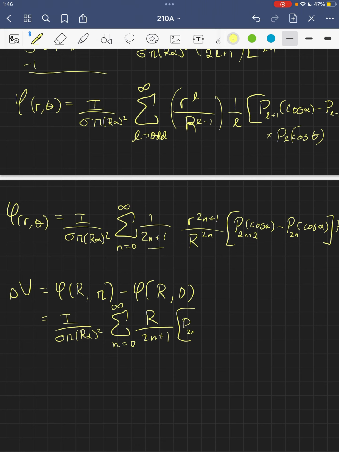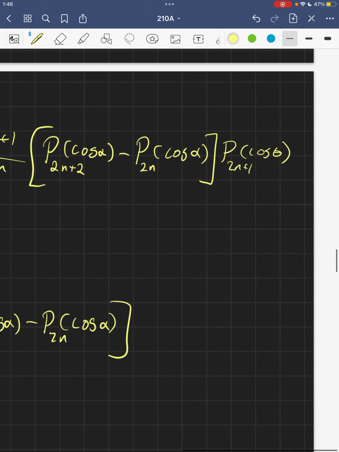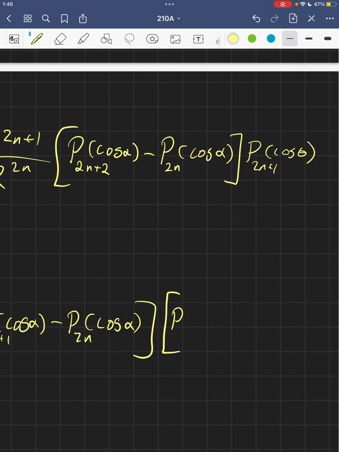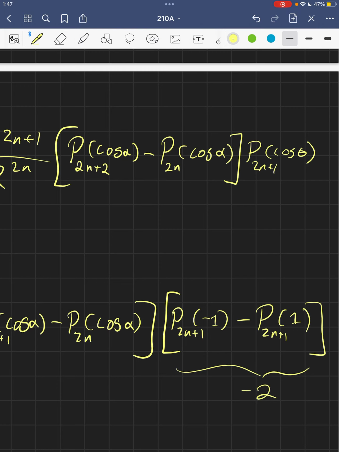These cosine alpha terms stay the same. All this stays the same. All this would be factored out of each of these terms. The only thing that's subtracted really is the theta dependent terms. They're the only things that can't be factored out. So this would be cosine of pi, which is negative 1, minus P2n plus 1 of positive 1. And all this is equal to minus 2, right?